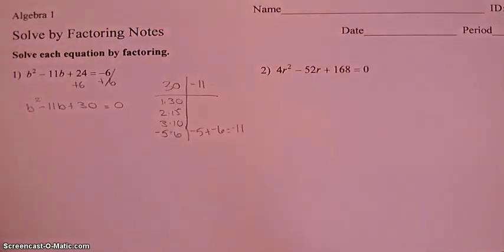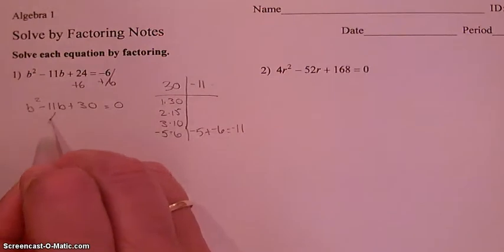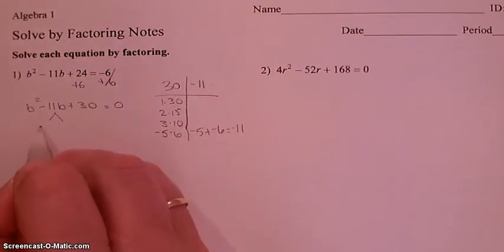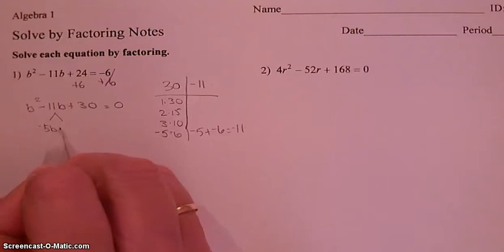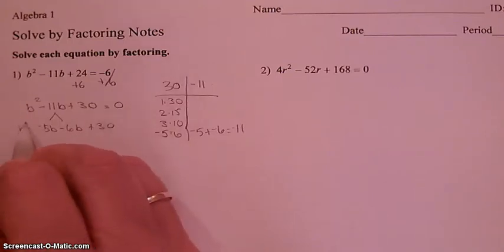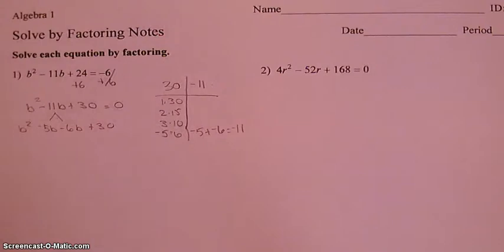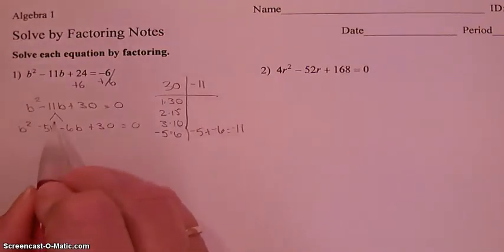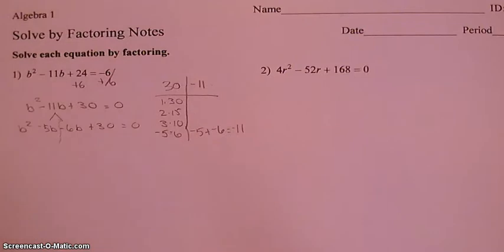So now we're going to expand the middle term to be negative 5b minus 6b, with b squared and 30 on the sides, equals 0.